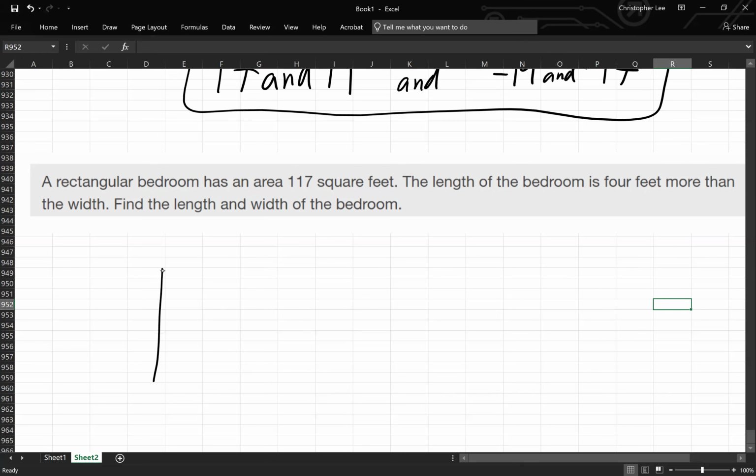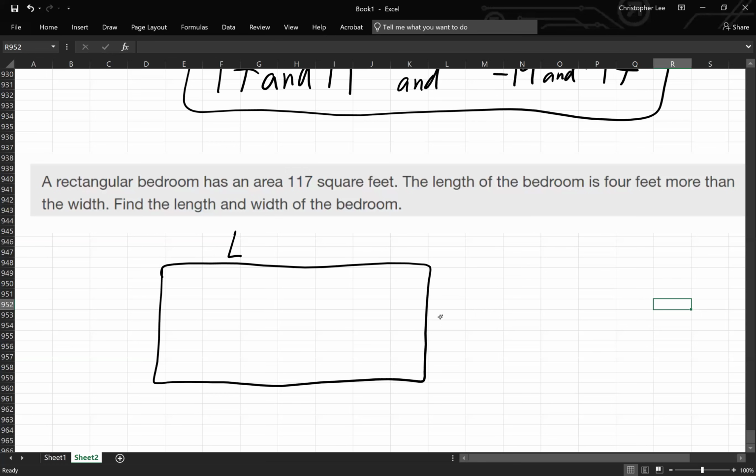So here we go. Let's call this the length. Let's call this the width, right? And they said that the length of the bedroom is equal to 4 feet more than the width, right? So whatever the width is plus 4, right? And then it says find the length and width of the bedroom, right?